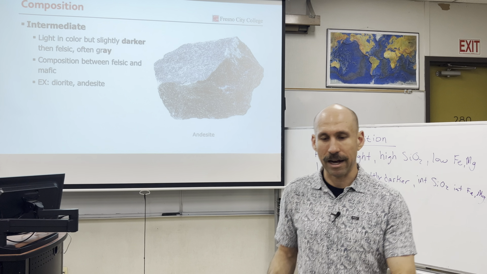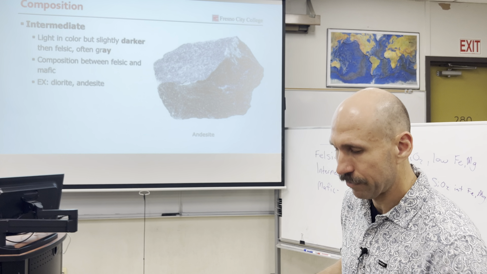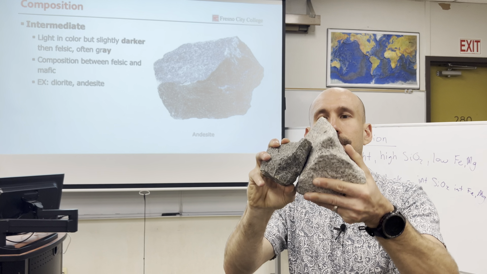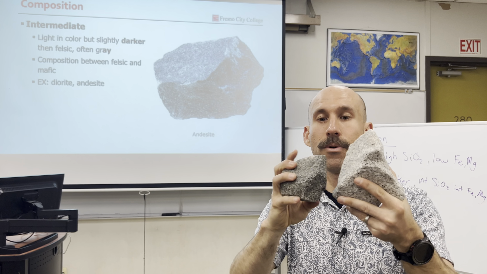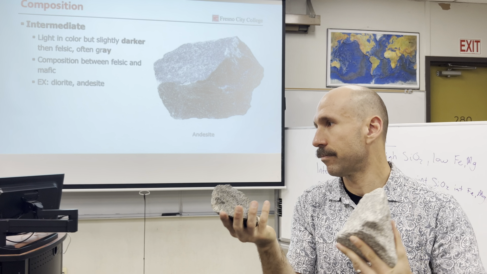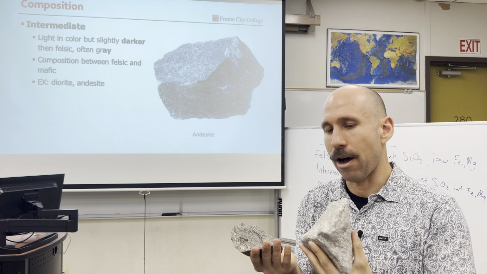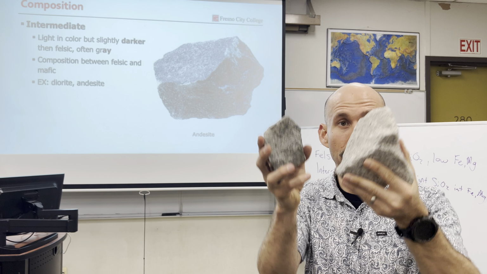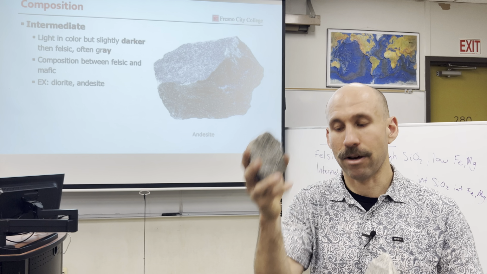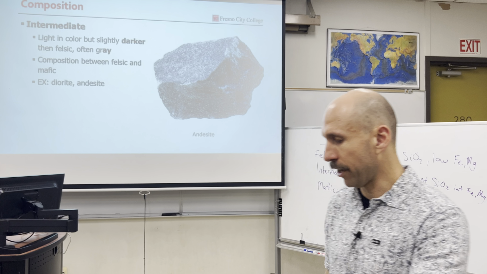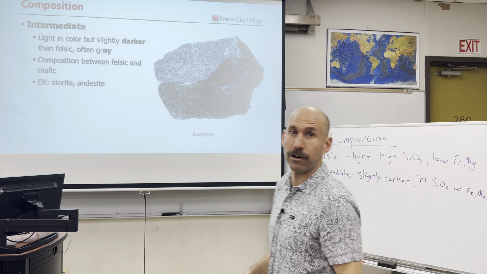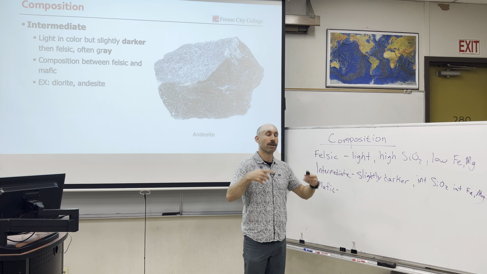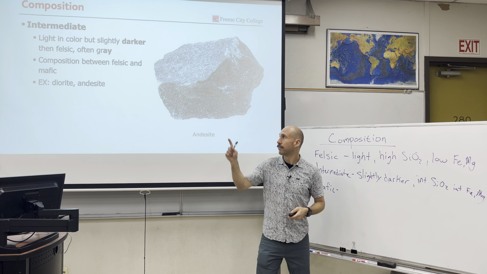Common rocks here are diorite and dacite. Now we see a rock that's darker. So we can all pick up a rock and say, that's light, that's dark. That's light, that's a little bit darker than this one. Intermediate composition. Again, the goal here is to put a name on the rock for classification, and then use that classification in order to determine geologic history. Let's keep going, shall we?